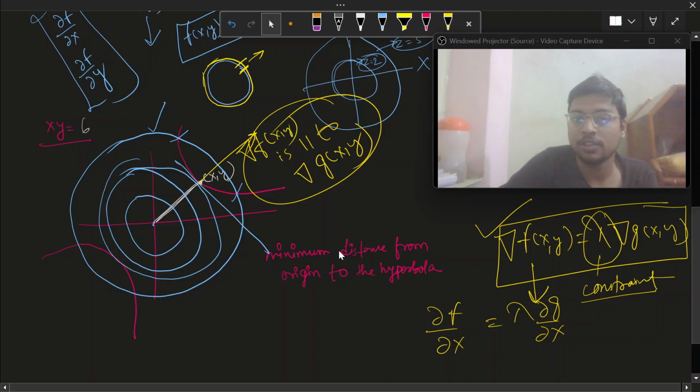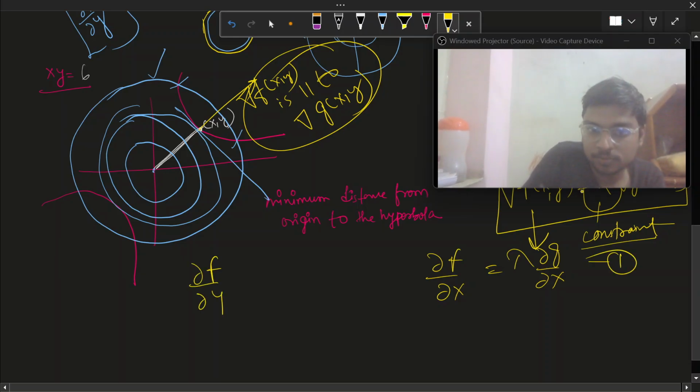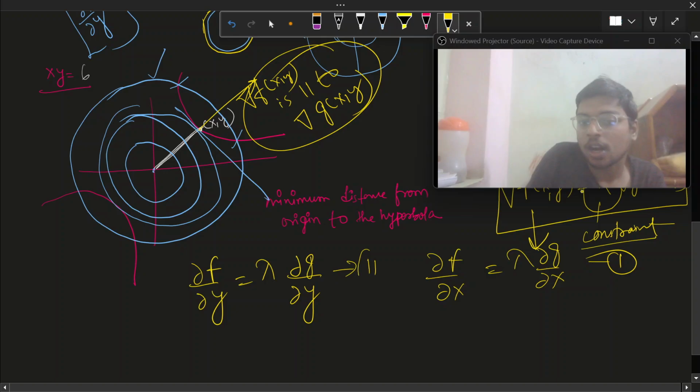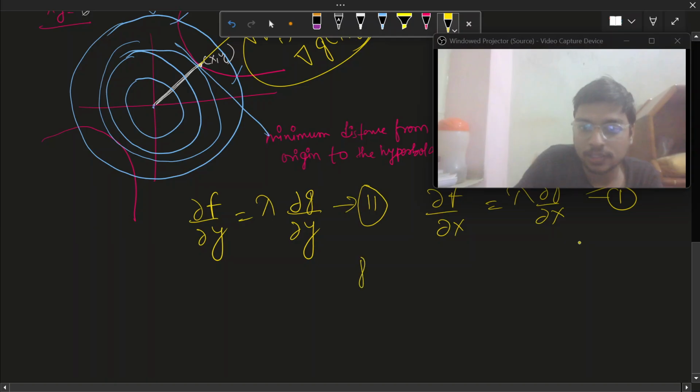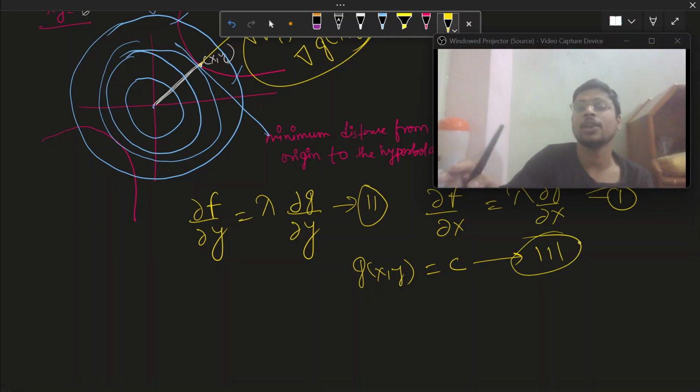This is our first equation, this is our second equation, and g(x, y) is equal to c. This is our third equation.